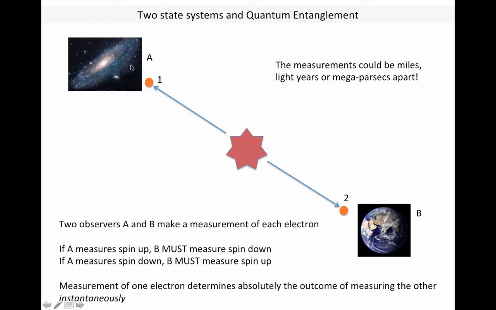And if an observer measures the spin of electron 1 in the Andromeda galaxy, then it instantaneously changes the state of electron 2. It collapses its state into either spin up or spin down on Earth. So this influence of measurement happens instantaneously, and it spans potentially the size of the universe.